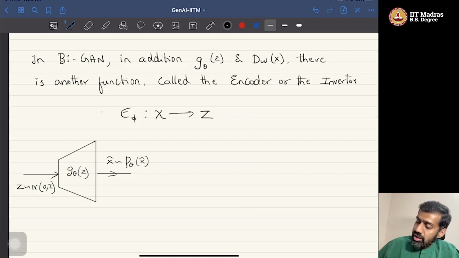Okay, and here there is, of course, a discriminator that is used during GAN training. And this would take data from either x or x cap and map it to the range 0 1. In a bi-GAN, there is another network which is called the encoder network.